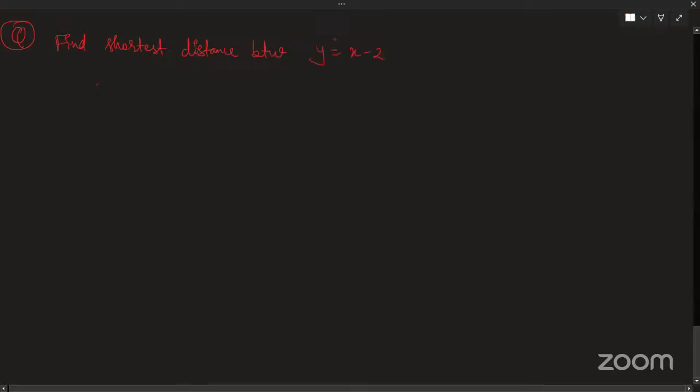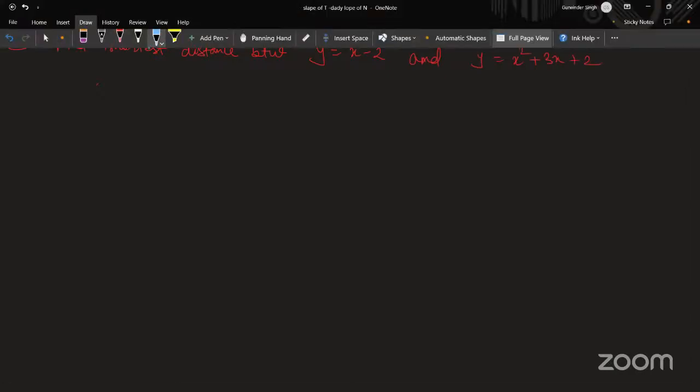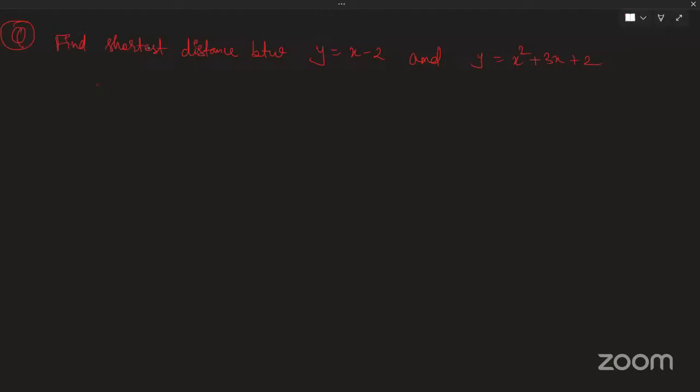Fine. So let us do one case in which it is required. So y is equal to x square plus 3x plus 2. It is a parabola.